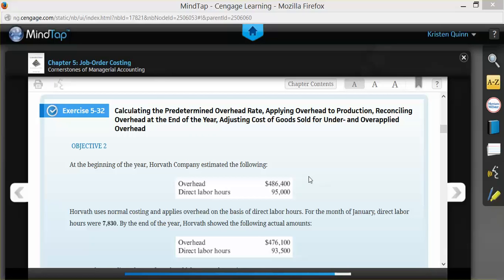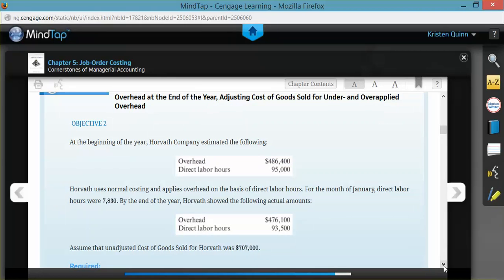They also give us what their actual amount of overhead and direct labor hours are. They tell us that just for the month of January, direct labor hours were 7,830. And before we've adjusted, cost of goods sold was $707,000.